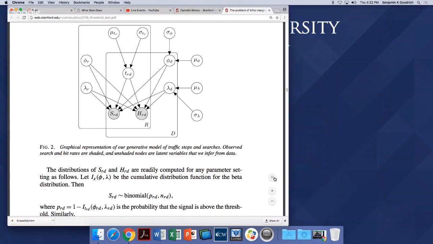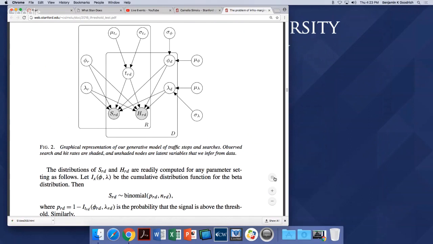Okay, good. Question 2. What's an additional endogenous unknown of interest that could be computed if you knew the posterior distribution of all the variables in this graph? Salif.